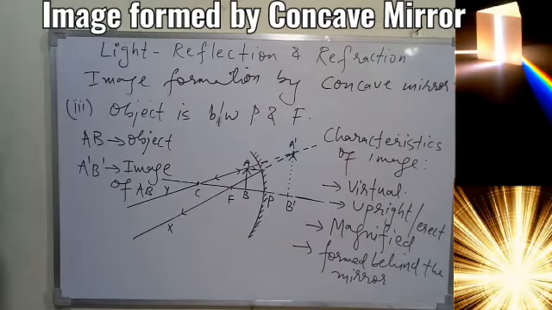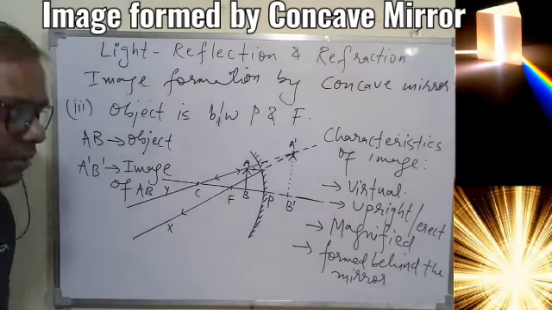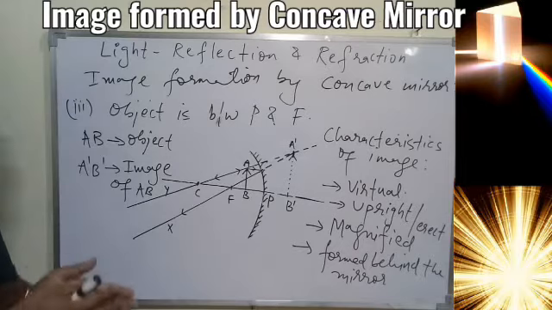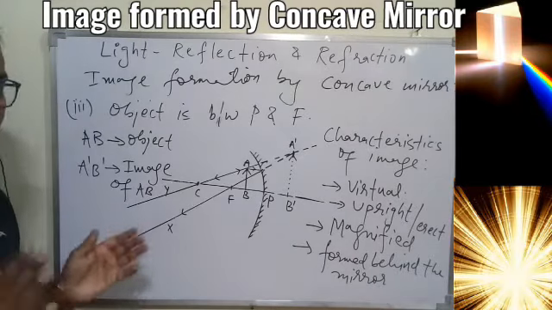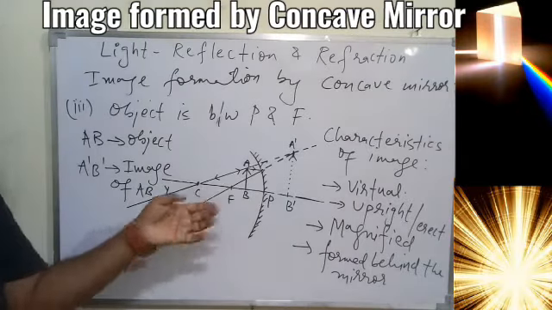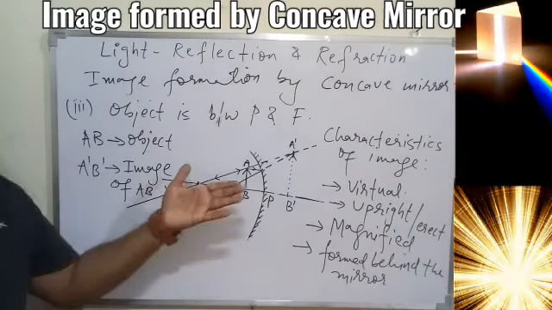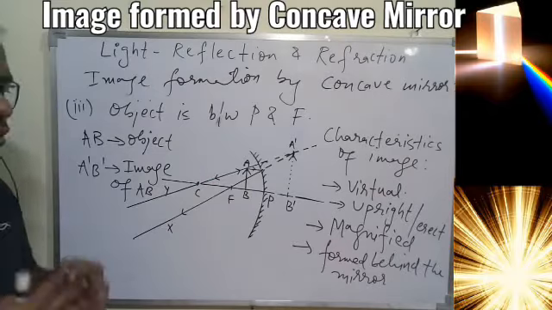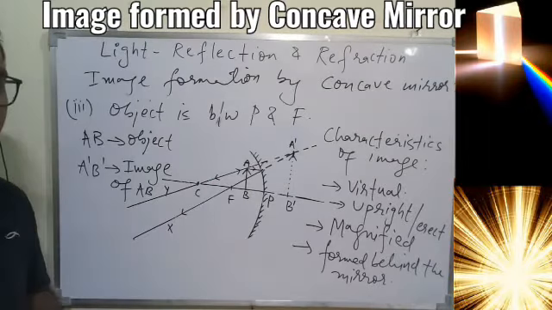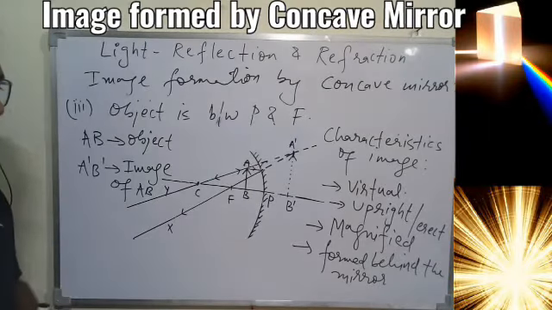So this is one of the special cases we have. That is the only case in which the concave mirror can also form a virtual image. So if an object is placed between pole and focus of a concave mirror, in that case the image becomes virtual, and that is always magnified. Somewhere it is highly magnified, and that is what we have to remember also.